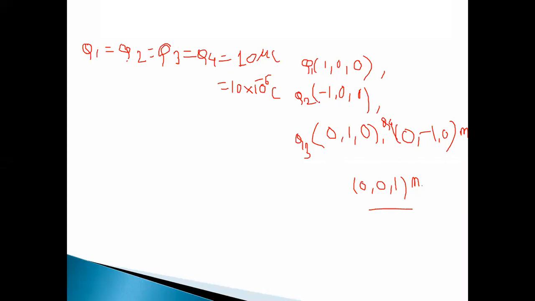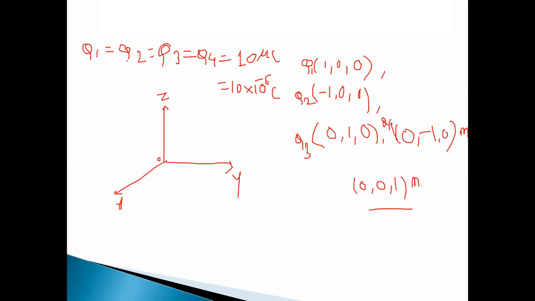So before solving this example, first we will locate all these points. First we will locate all the points, then you will understand. So this is your Cartesian coordinate system, with X, Y, and Z coordinates, and there are four point charges. This is your origin.